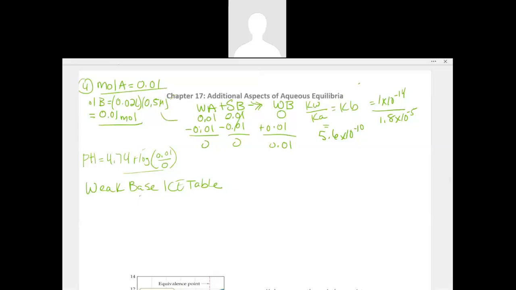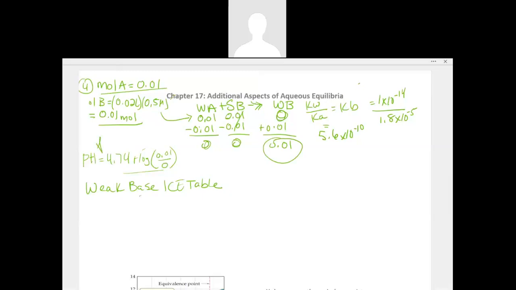Let's plug those values into our ACE table. Our weak acid all gets consumed by our strong base, so we have 0 weak acid and 0 strong base. We started with no weak base, and we've added 0.01 moles of strong base, so we end up with only 0.01 for our weak base.